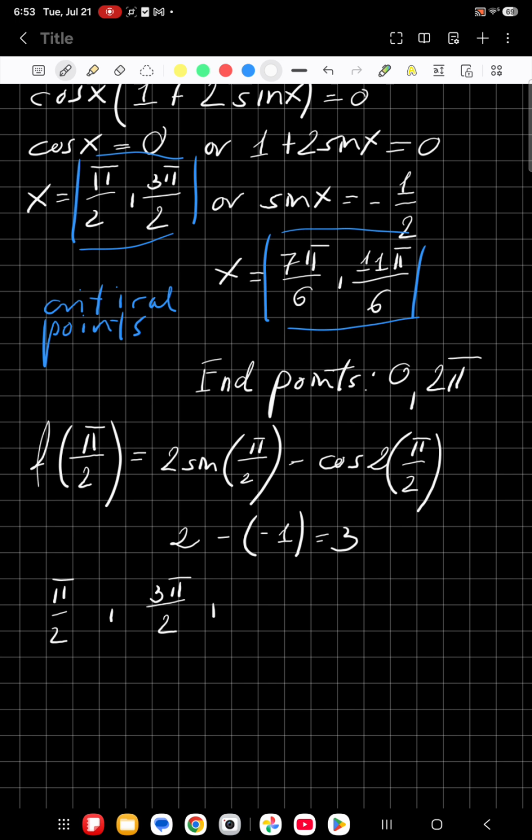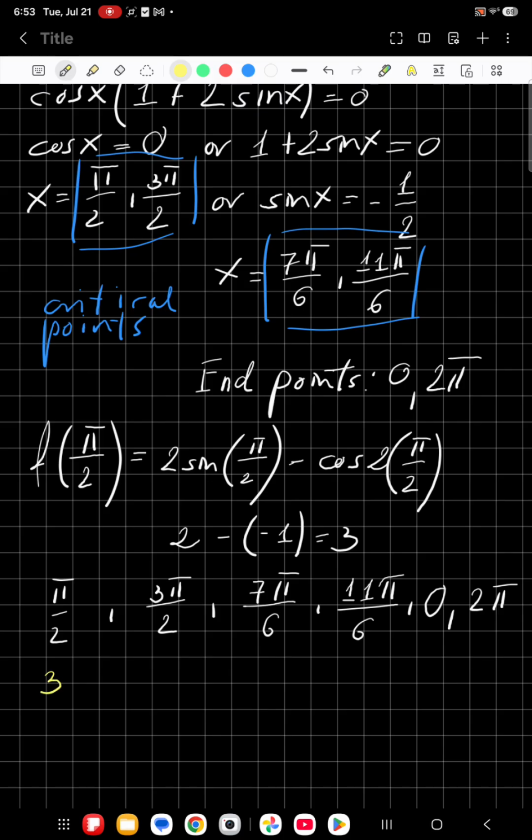Then we have 7 pi over 6. And then we have 0 and 2 pi. Okay, so here are those numbers.